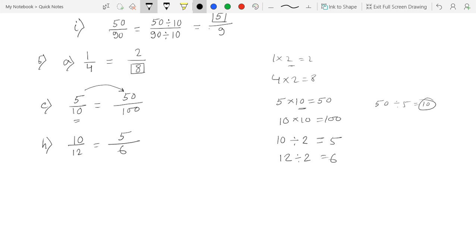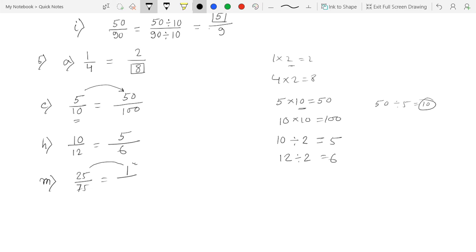Yeah. Now go to question number M. Question number M is given: 25 by 75. Here the numerator is given as 1 and you have to find the denominator. Look here also, this 1 is smaller than 25.